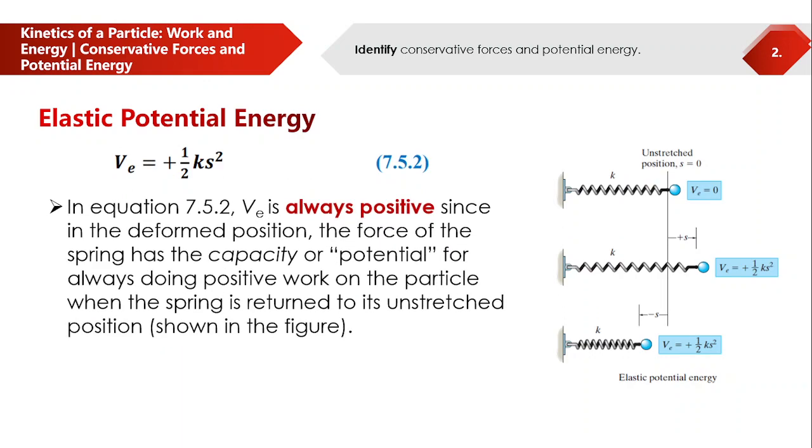So in equation 7.5.2, it is always positive, since in the deformed position, the force of the spring has the capacity or potential for always doing positive work on the particle when the spring is returned to its unstretched position. Ayun. So, kumbaga, let's say, inelongate mo or in-stretch mo yun. When you release that one, babalik siya sa unstretched position niya. Okay? Focus muna tayo sa in-stretch niya.